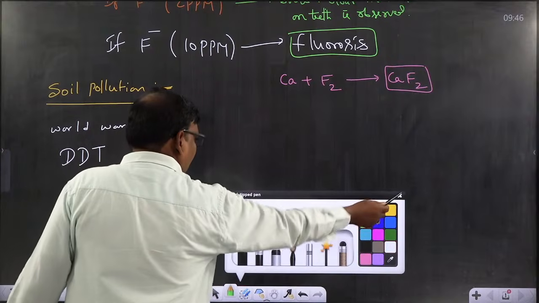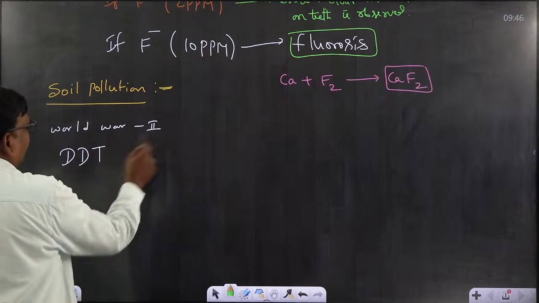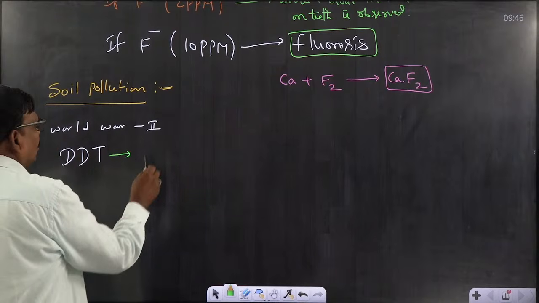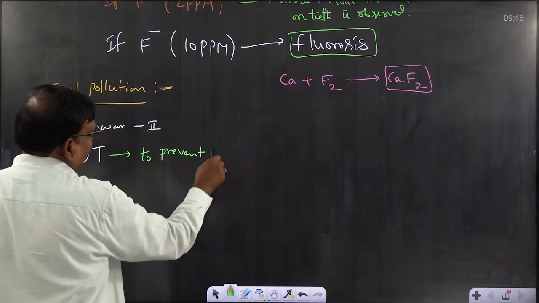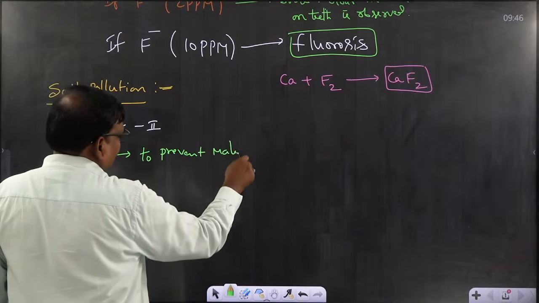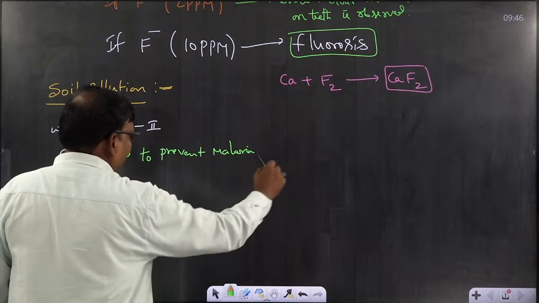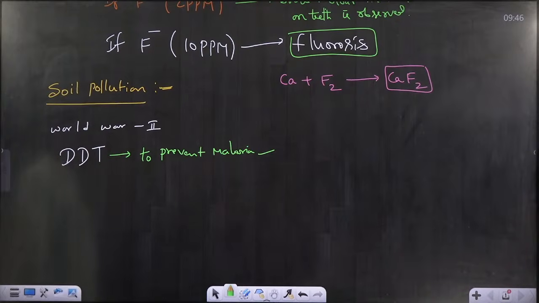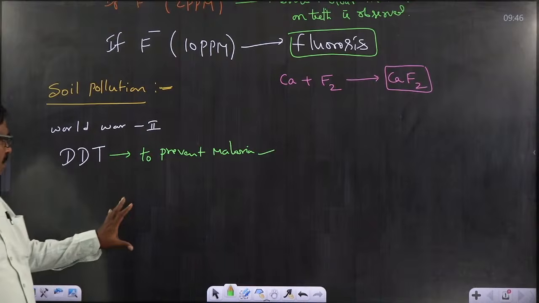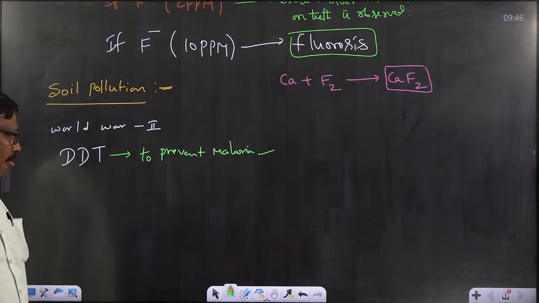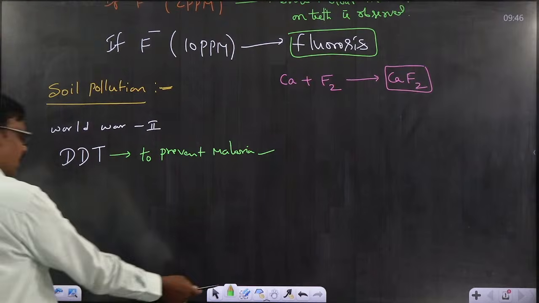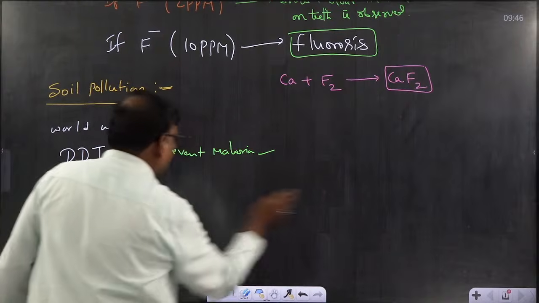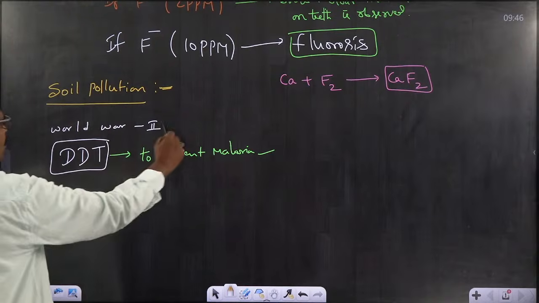What is the purpose of this DDT in the Second World War? To prevent malaria. Malaria is caused by mosquitoes, so to kill the mosquitoes, DDT was used at the time of the Second World War.